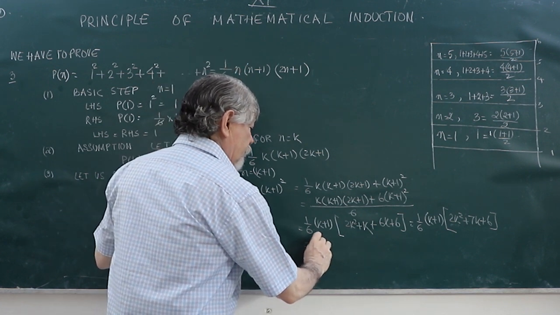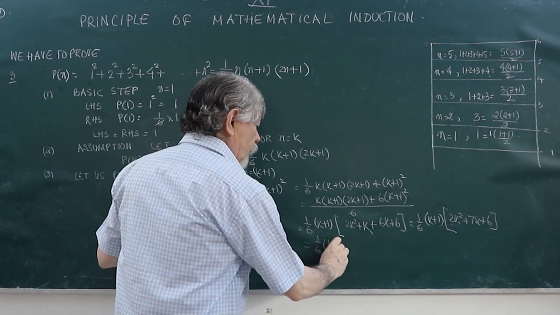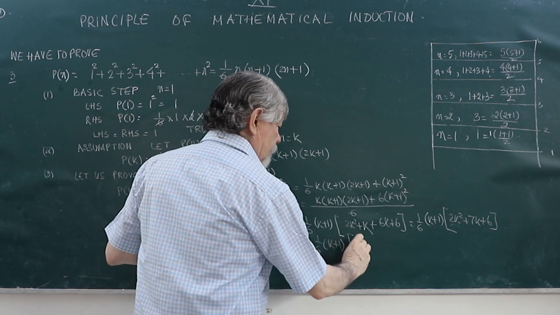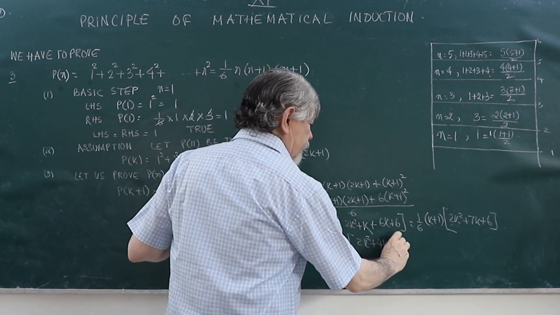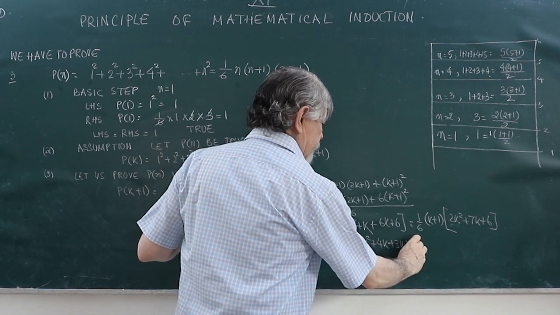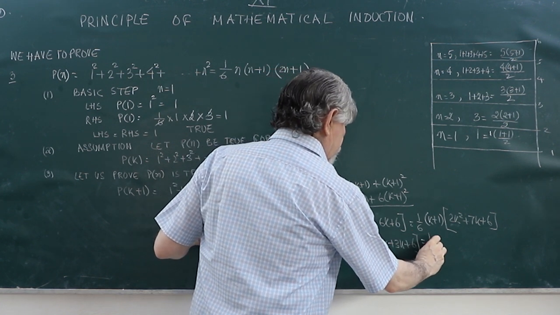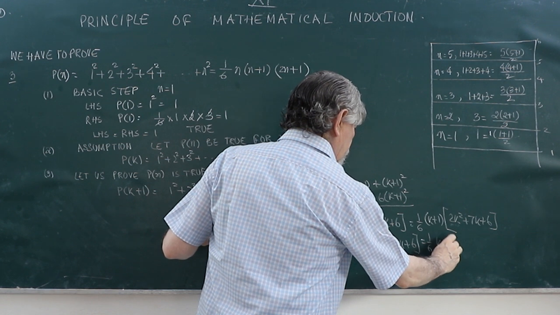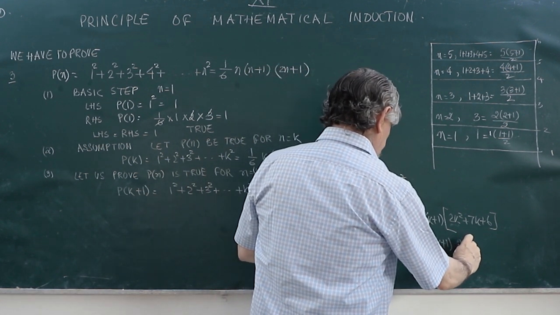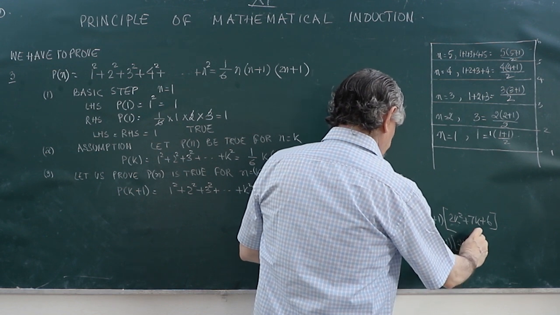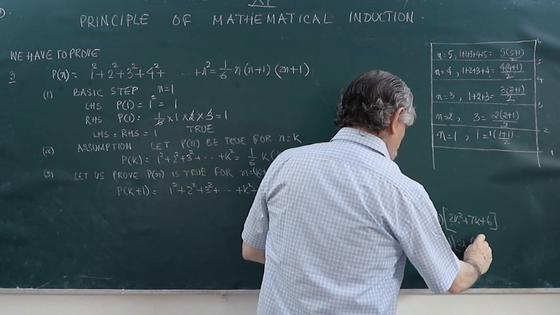What I'll do is 1 upon 6 (k plus 1), then 2k squared plus 4k plus 3k plus 6. You can take 2k common here. If you take 2k common, it will be left k plus 2.